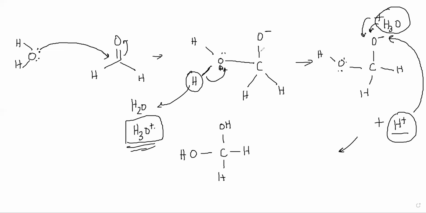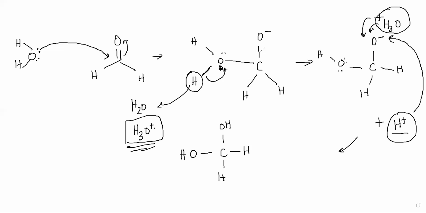So formaldehyde reacts with water so readily because its substituents are very small. A steric effect, right? Electronic effects can also favor reactions with nucleophiles. So electronegative atoms such as halogens attached to the carbon atoms next to the carbonyl group, right?